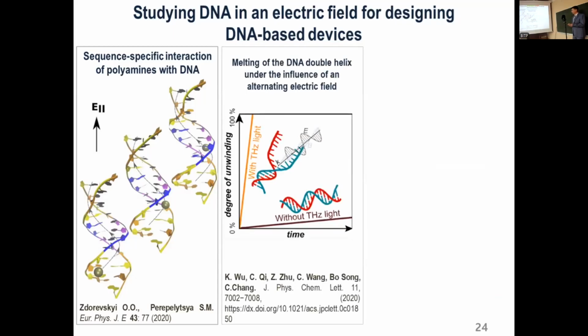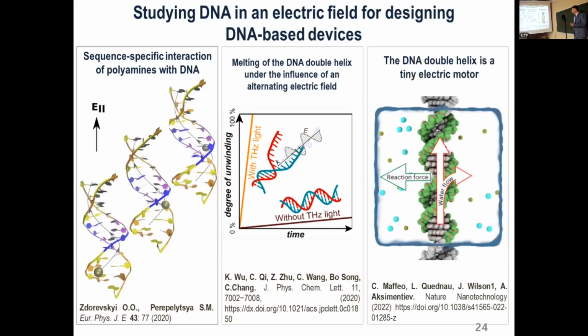In some papers, we found that the process of DNA melting depends on the frequency of the electric field. So the simulation was done for the system with an alternating electric field, and this is very interesting because in this way we can also influence melting of the double helix. These two papers were published at the same time, in 2020.